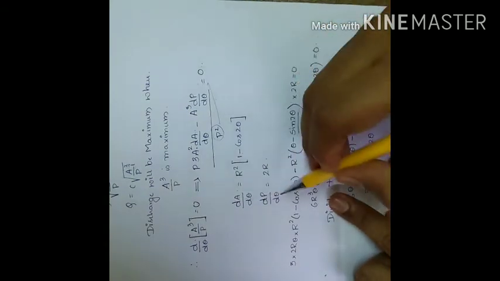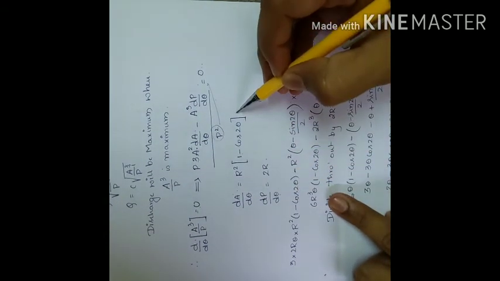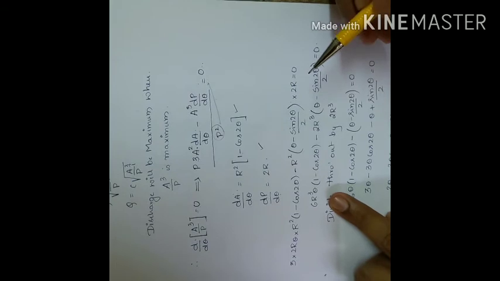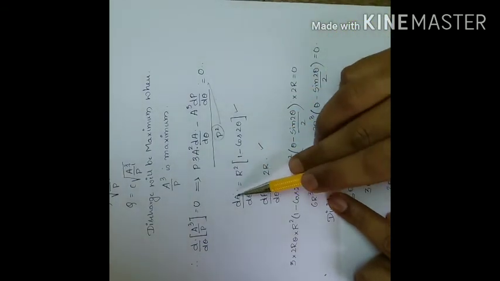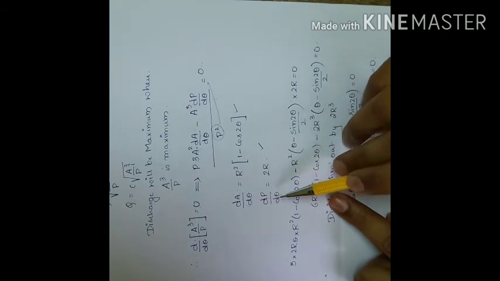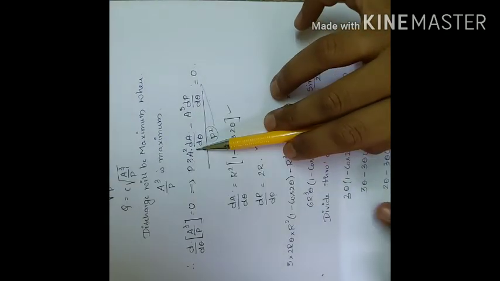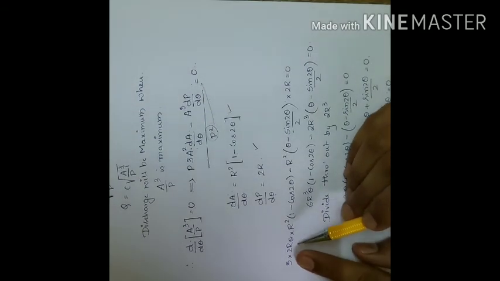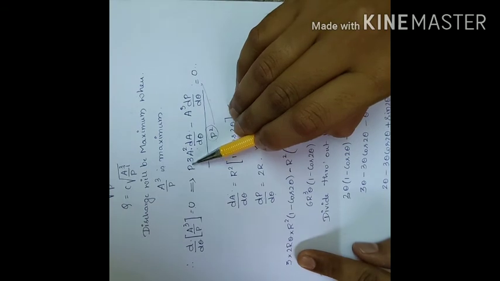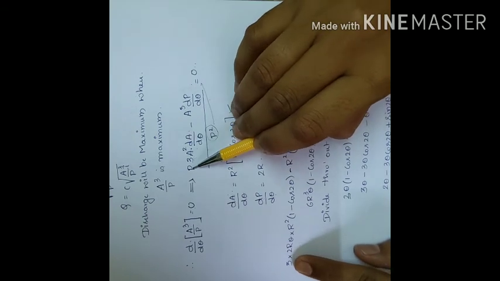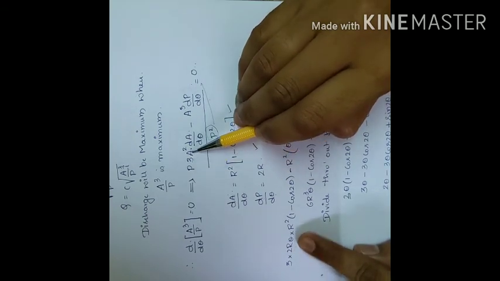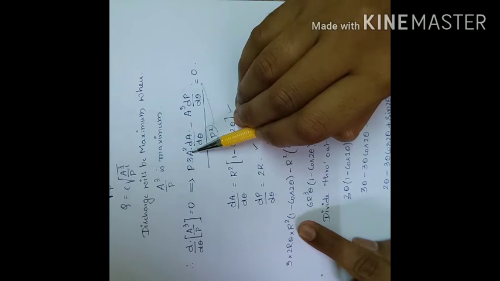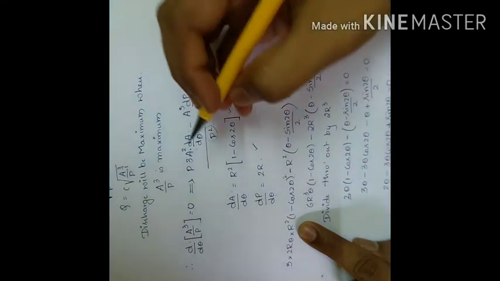dA by d theta and dP by d theta have been found in the previous derivation, in the maximum velocity condition. So I will directly substitute in this equation. Here 3 is kept as it is, P is there, 2r theta, next A square, that means the full A square value I need to put, and this also should be squared.